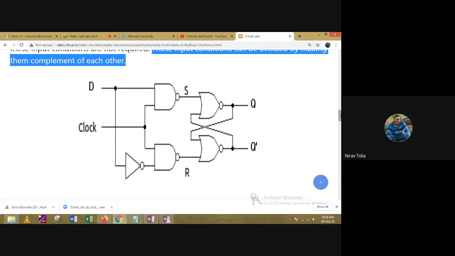This is my S, and this is my R. We are connecting S and R through a clock pulse, and this remains the same. If my S is 1, my output state is set, and if my S is 0, my output state is reset.